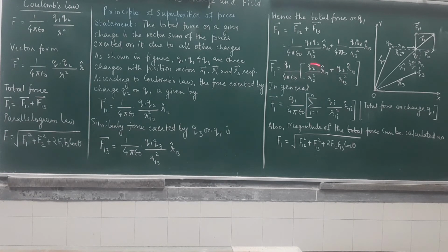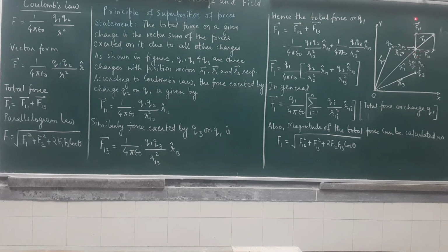To generalize this equation, we write the total force on this charge Q1 as Q1 upon 4 pi epsilon naught, summation i equals 1 to n, Qi upon R1i squared into R1i cap. This will be the total force on charge Q1.